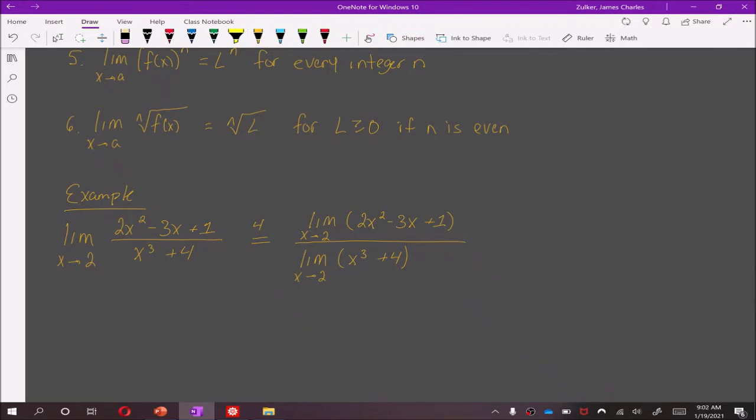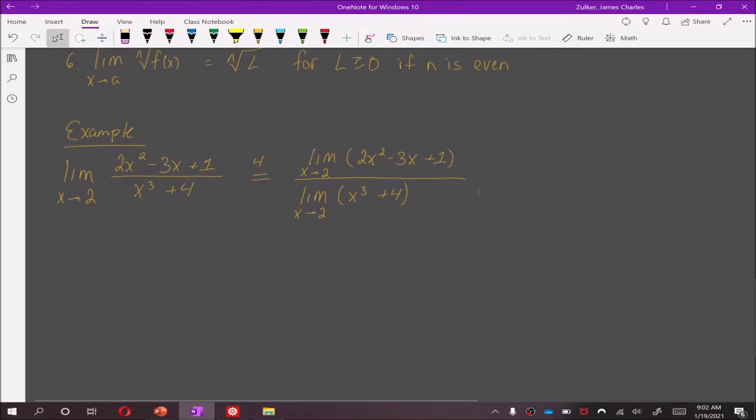What I'm going to do is move it down to a new line. So by limit law number 1, I can write the numerator that way.